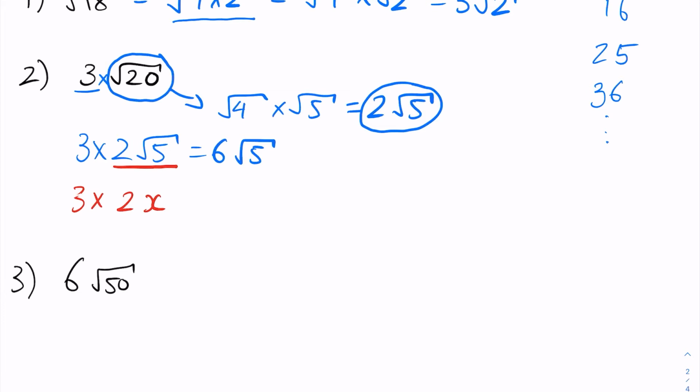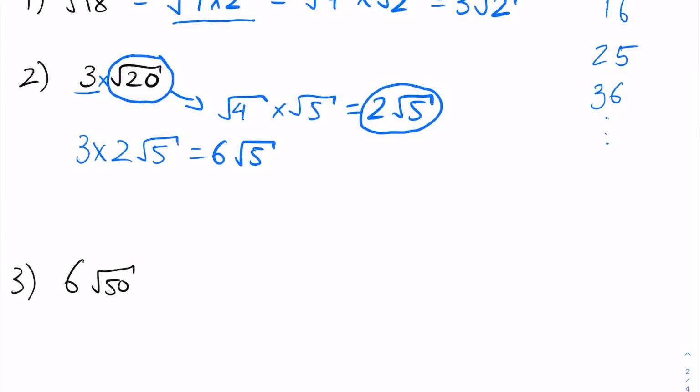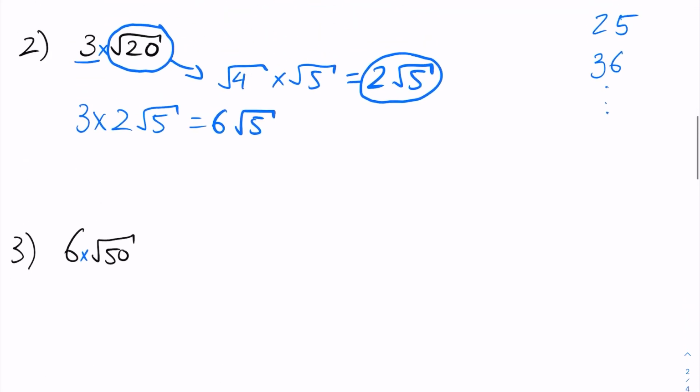So let's just clear this here. Now, last example here, 6 root 50. It's very similar to the last example. You're just aware that 6 next to root 50 just means 6 times root 50. Now, let's break root 50 down. Let's focus our attention towards this here.